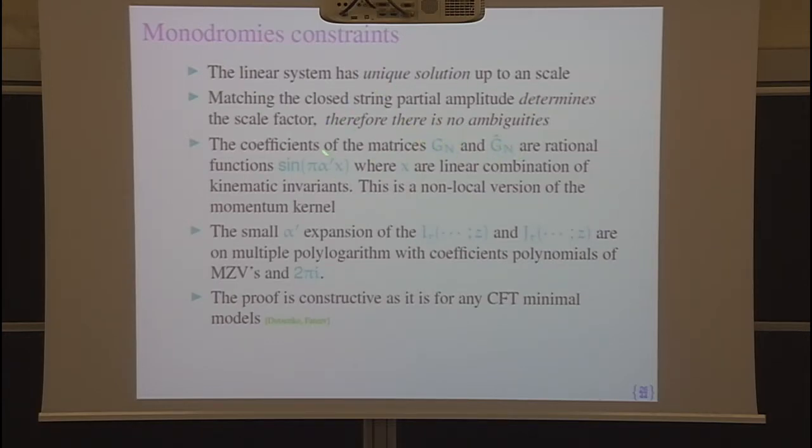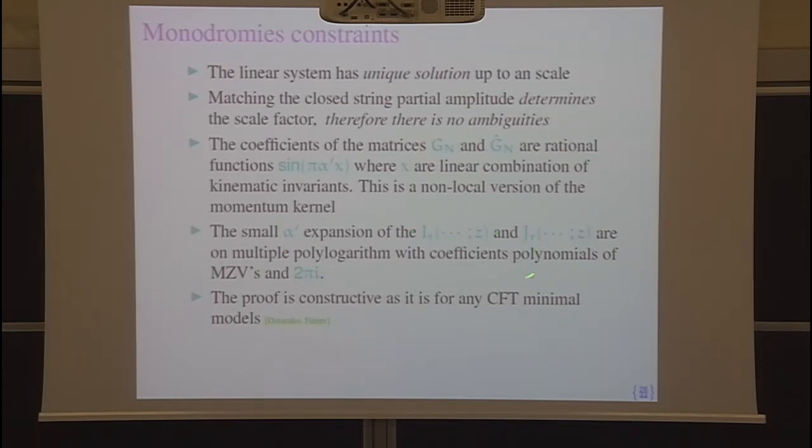Then what you find when you solve the system is that the elements of the matrices G and G hat are rational functions of sine of pi alpha prime x, where x is a linear combination with integer coefficients of the kinematical variables. Then you need to know the alpha prime expansion of these hypergeometric functions, I_R and J_R.